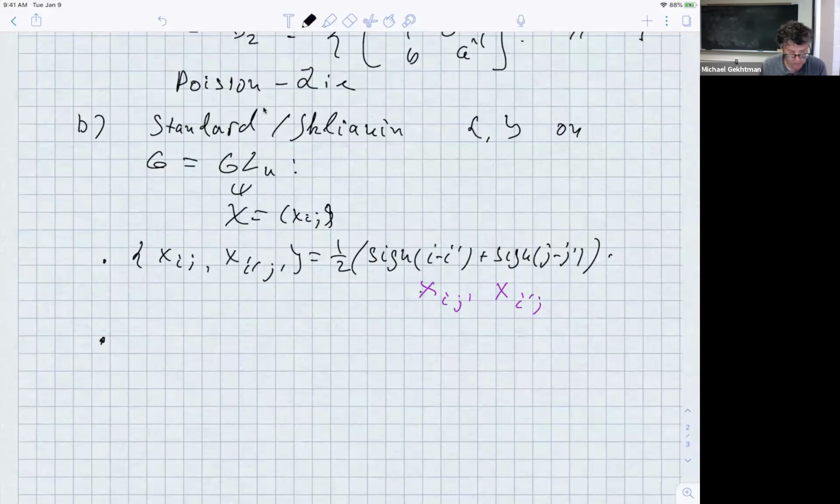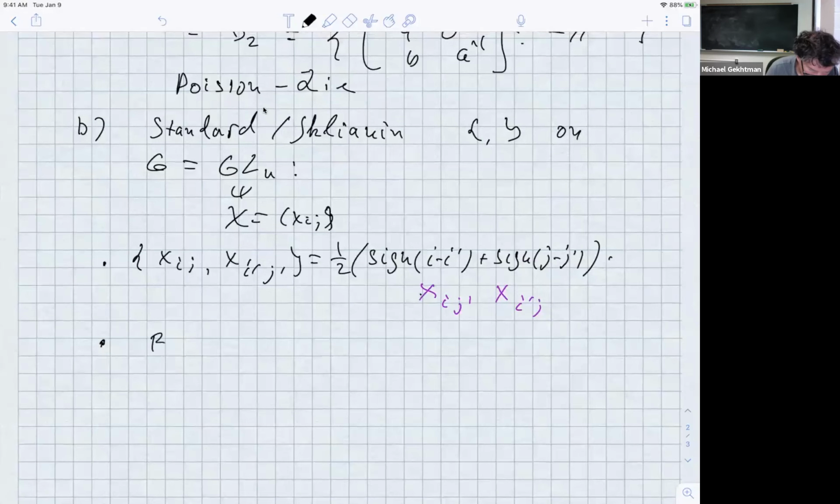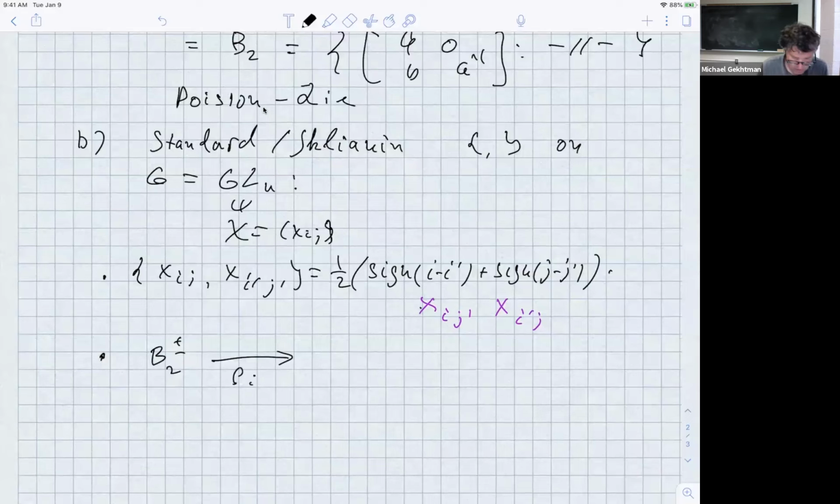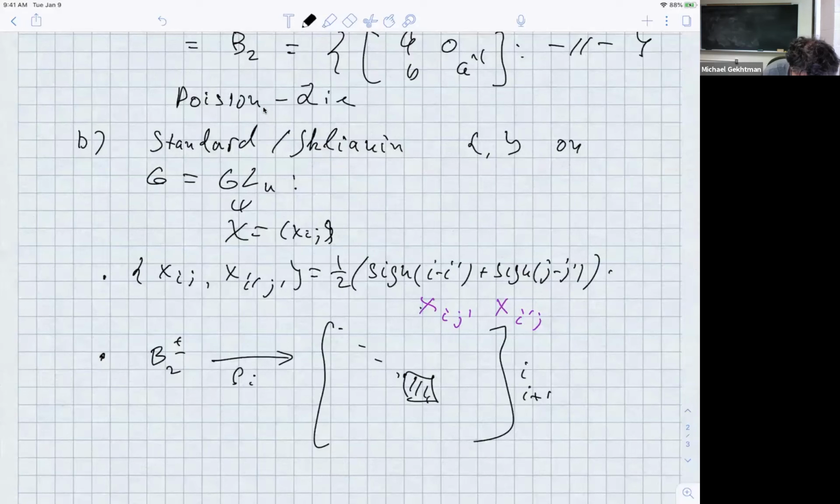So this is one way to describe this Poisson bracket, and there is another one. I don't want to talk about the matrix description at this point, but another one is that if you take these B2 plus or minus and then send them, let's call it rho_i, canonically embed these groups as diagonal blocks located in rows and columns i, i plus 1, and the rest will be ones and zeros.